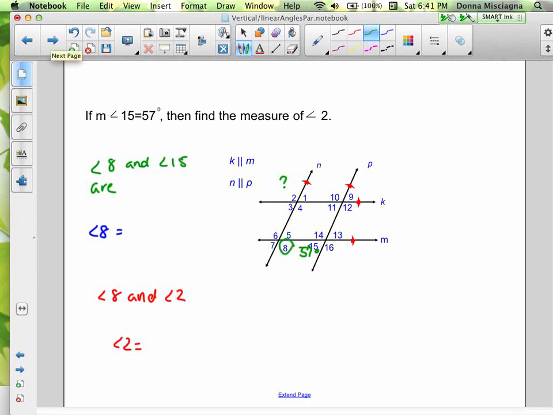What kind of angles are those? Those are in between lines N and P, between those parallel lines. Those are consecutive interior angles, and they're formed by parallel lines.